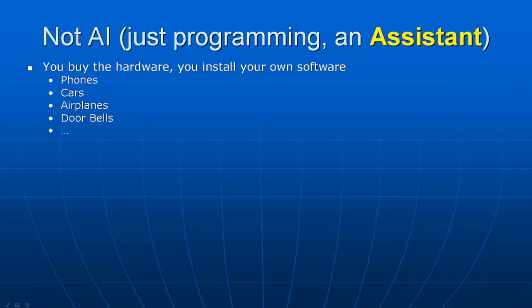So you tell the assistant, I got a new phone, put my software, what I want, how I want my phone to work, my own security on the phone, my own security on the car. And the cars, I was looking at NASA's flight control system, and they wrote a 287-page document on the reasons our software is bad for flight control systems.